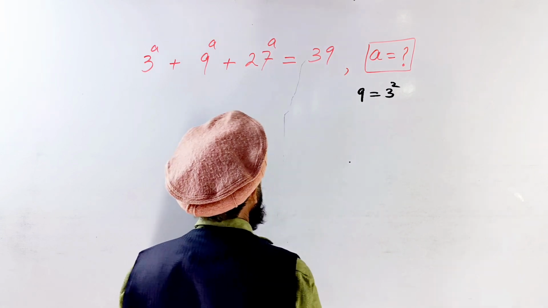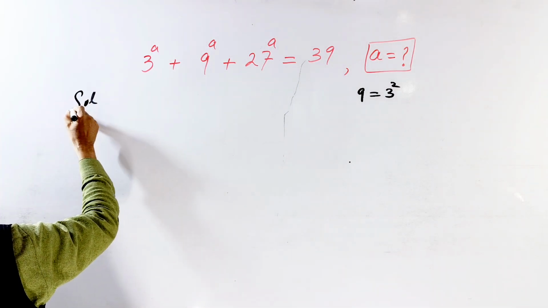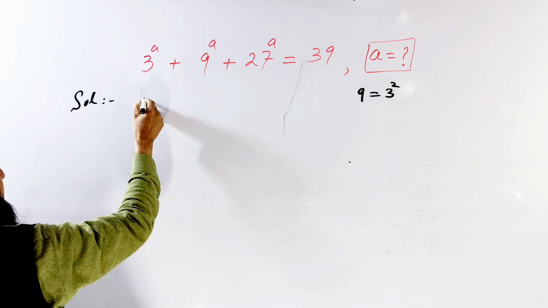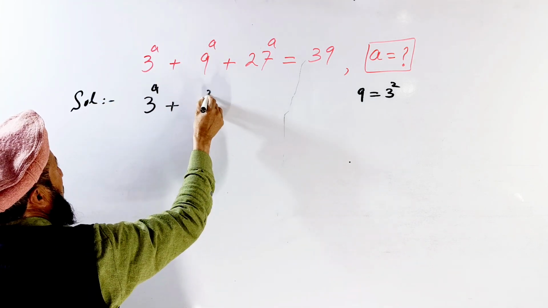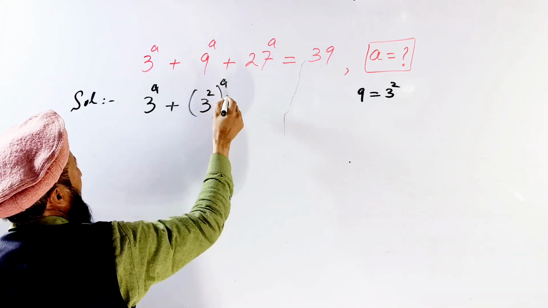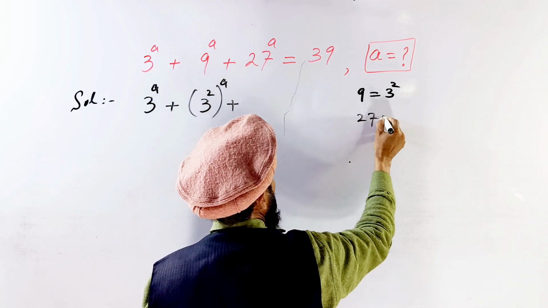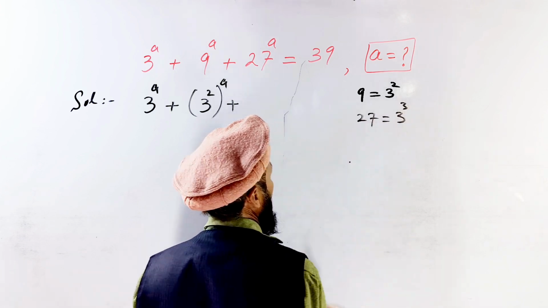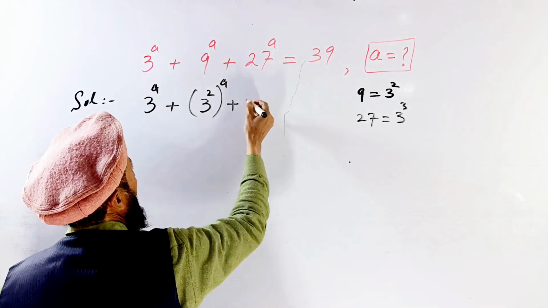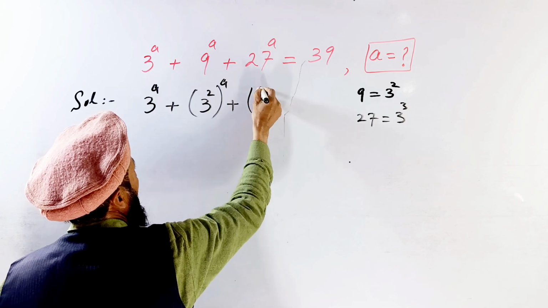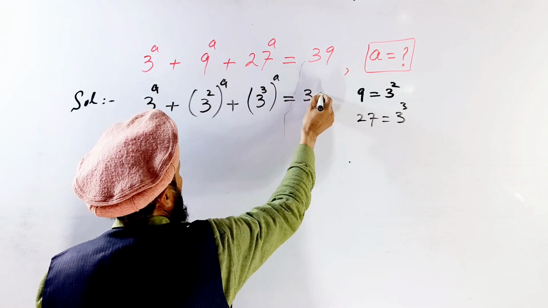According to this simplification, we can write 3 exponent a plus 3 square exponent a, and 27 we can write as 3 exponent 3. So in this case we can write 3 exponent 3 exponent a is 39.